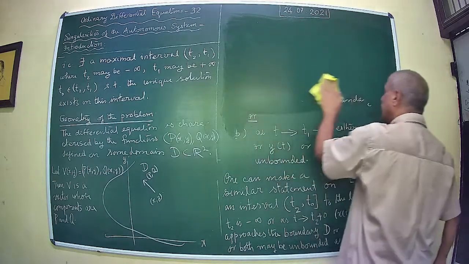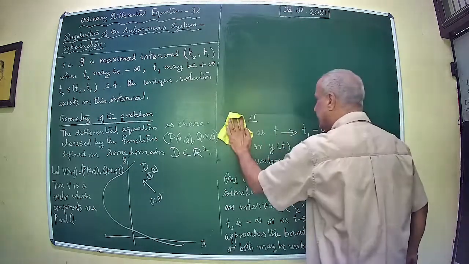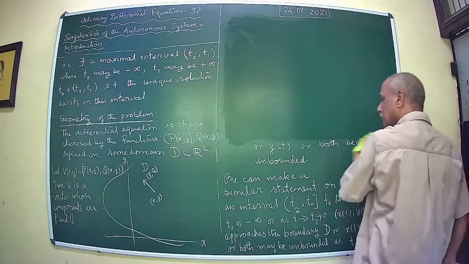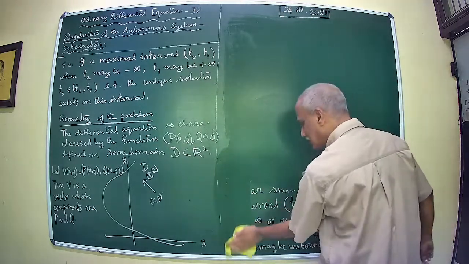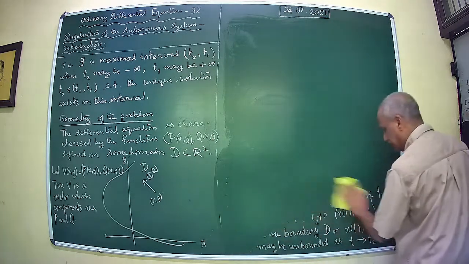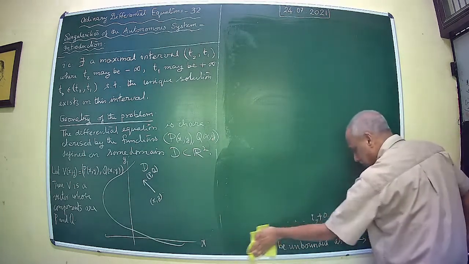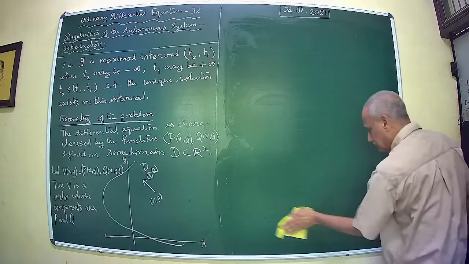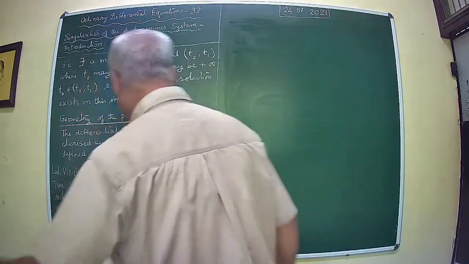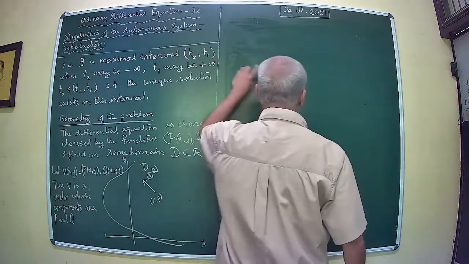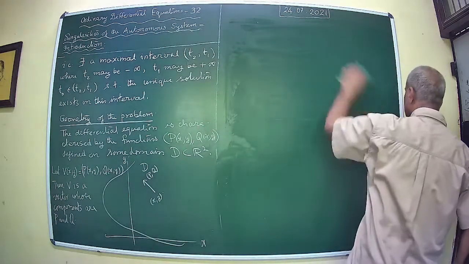At every point of D there is a vector (P,Q) defined. So that's the interpretation that we give.